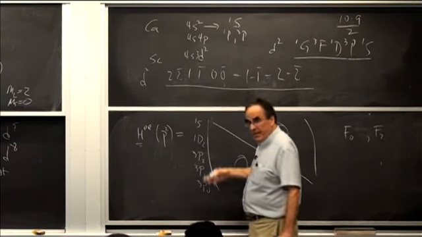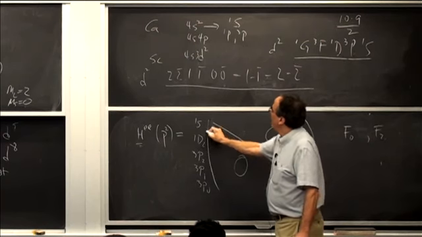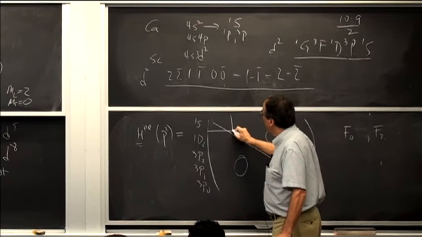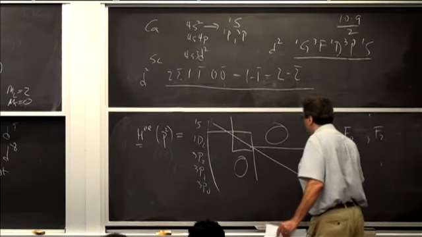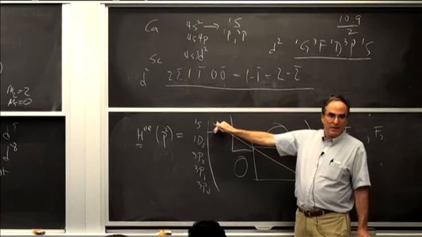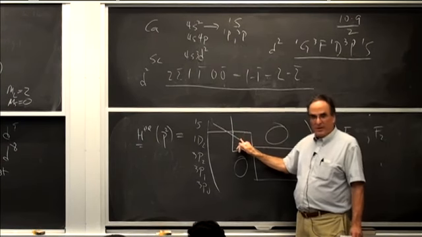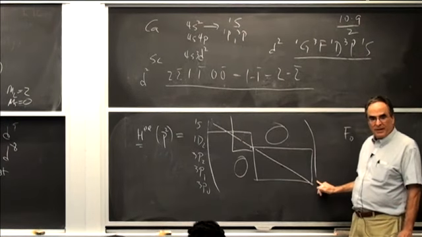These are the LS states that you can have for p squared. And this is a 1 by 1, this is a 1 by 1, and this is a 3 by 3. And so there's a number that goes here, a different number that goes here, a third number that goes in all 3 places here.